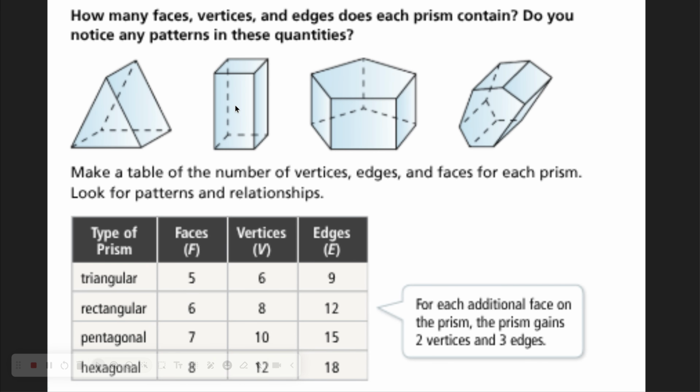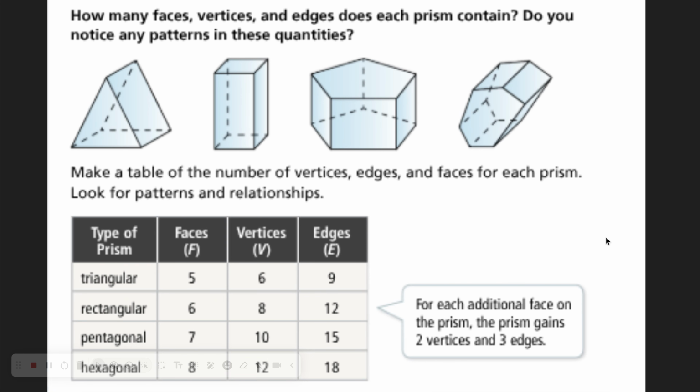We got triangular prism, square prism, pentagonal prism, hexagonal prism. You can see there's a pattern. The more sides the base, obviously, the more faces it has. The more faces it has, the more vertices it has. The more vertices it has, the more edges it has.